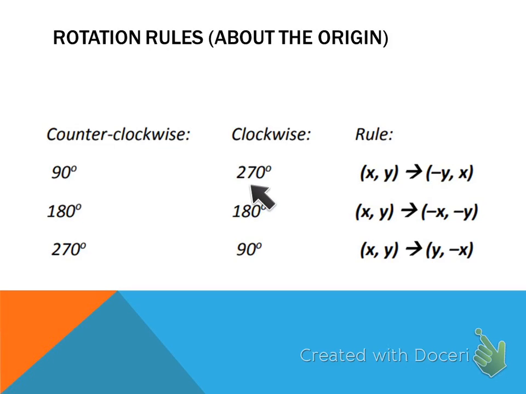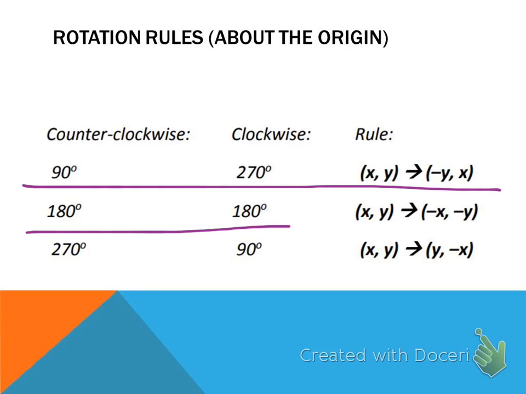It applies for 270 clockwise and 90 counterclockwise. So if it helps, I'll break these up with lines. If you want to use shorthand, we can call counterclockwise CCW and clockwise just CW.